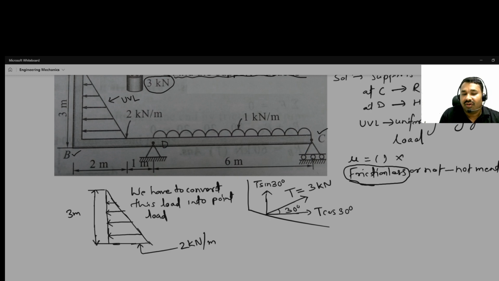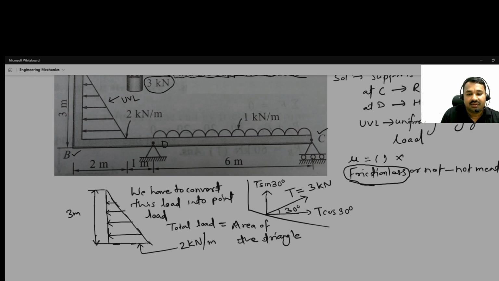Okay, so how to convert it? Take the total load equal to the area of the triangle.